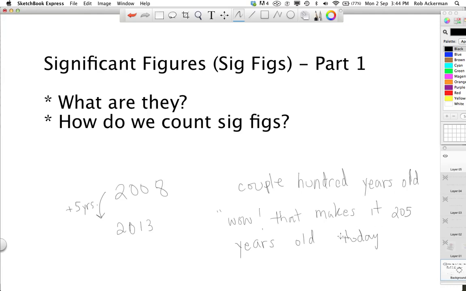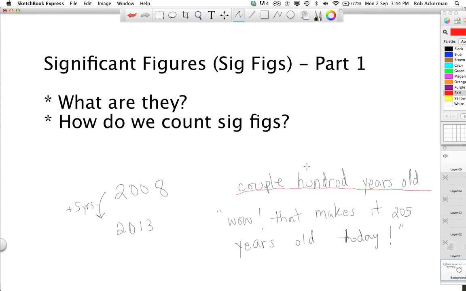On the one hand, he's not wrong, because if you said it was a couple hundred years old and that was 5 years ago, then now I guess it is 205 years old. However, keep in mind that when you got the initial estimate of a couple hundred years old, that was just someone's opinion. There's no way of knowing for sure when it was made. It's just an estimate.